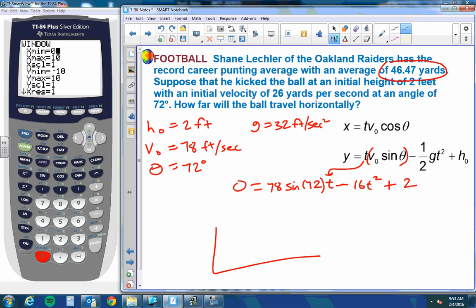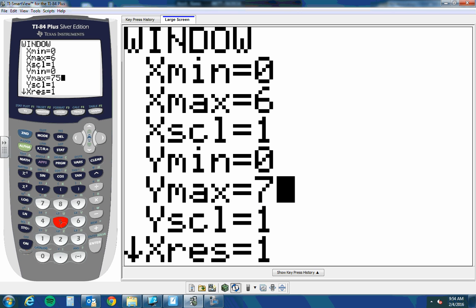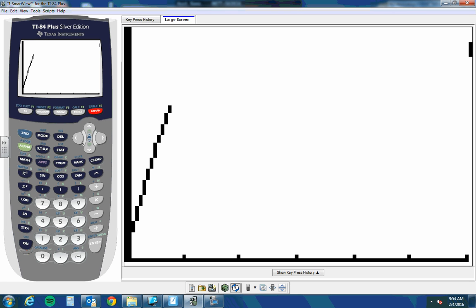And what we got was a graph like this, because 60 would be 60 seconds, and punts don't stay in the air for a whole minute. They just don't. A better estimate for how long it's in the air is a few seconds, like 5 seconds, 6 seconds. And then the y values, someone said 75, so let's try that. Okay? And hit graph.